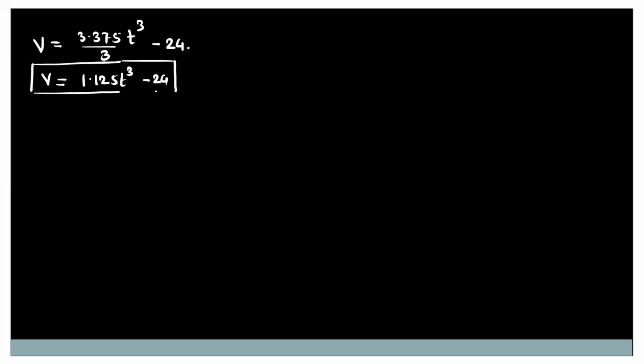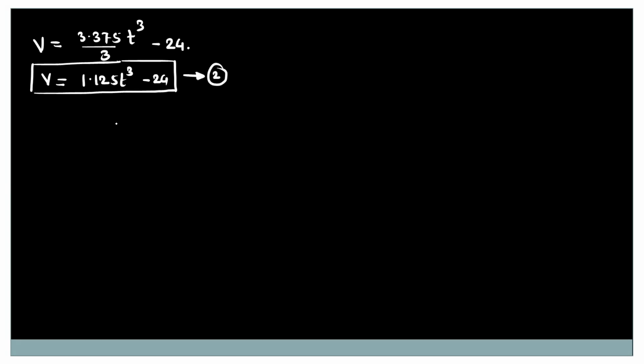So v is equal to 3.375 t cube by 3 minus 24. Okay, so you can simplify this equation. So velocity is equal to 1.125 t cube minus 24. So this is the final equation for velocity. So give this equation 2.